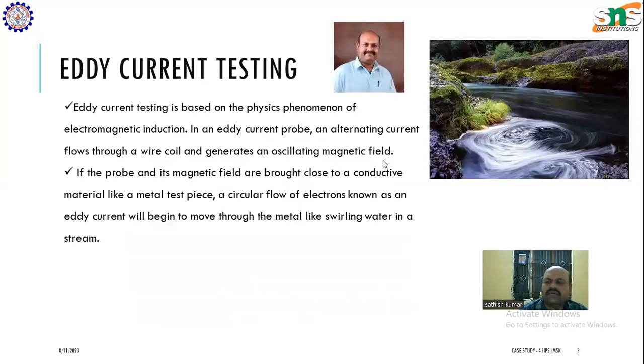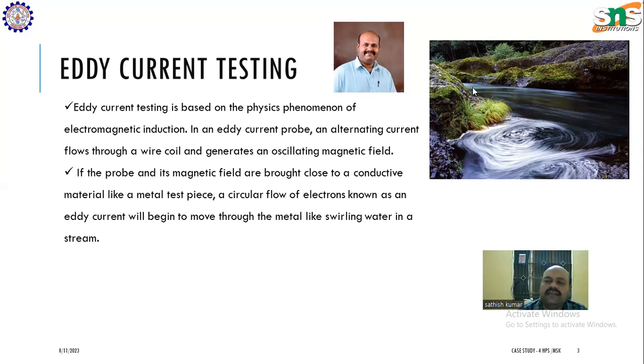You could see a picture here where the stream of water beautifully flows. The velocity of this particular stream is stable up to where there is a deviation like a swirl, right?